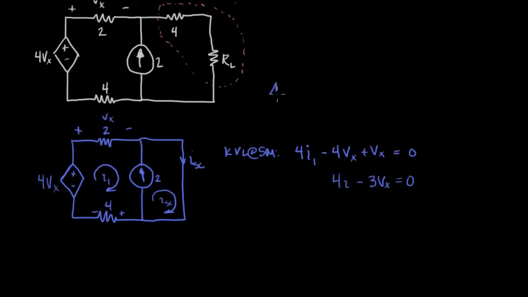The auxiliary equation 1 is going to be the branch that we've crossed over here. And so we can see that ISC minus I1 equals 2. And we're going to rewrite this as I1 equals ISC minus 2.